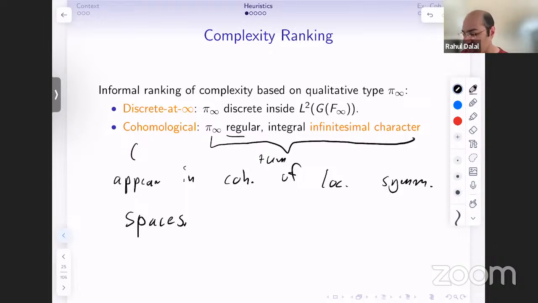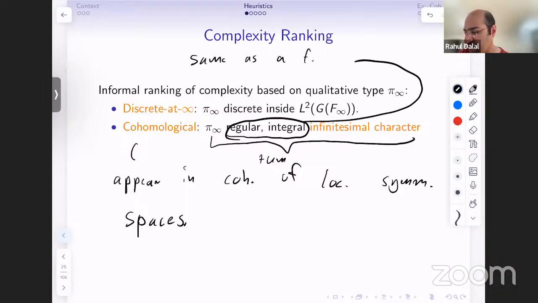Basically, this is the same as a finite dimensional representation. Well, finite dimensionals are not cohomological, but these are the unitary ones, if the group isn't compact, with the same infinitesimal character as a finite dimensional representation. So it's basically the infinitesimal character taking on the nicest possible values.